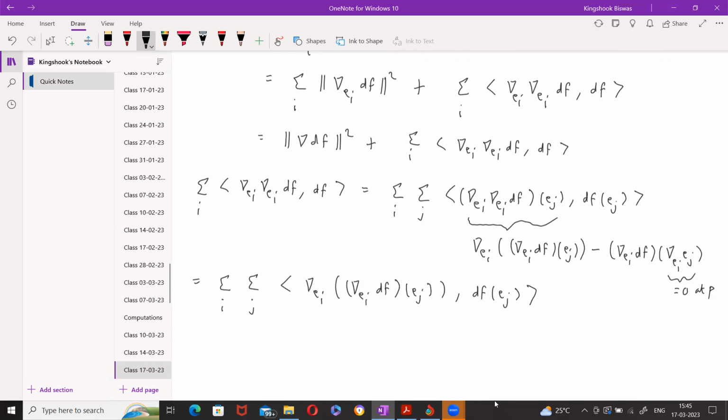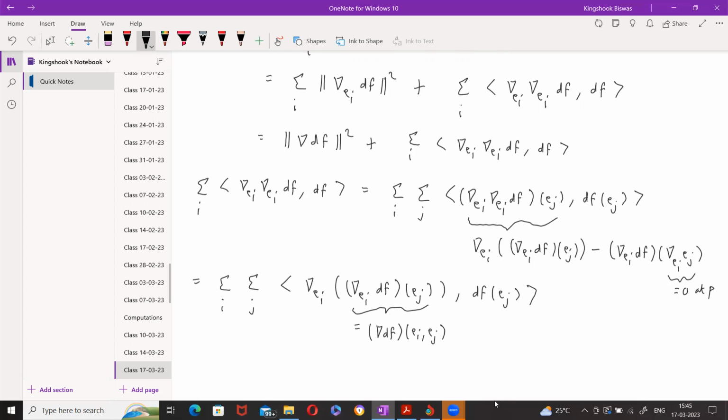Now this thing inside, by definition, is the second fundamental form, nabla df acting on e_i e_j.